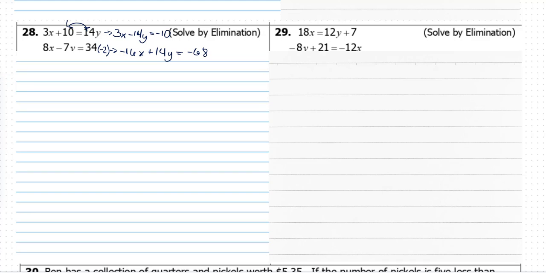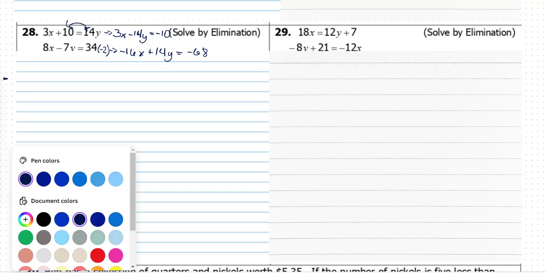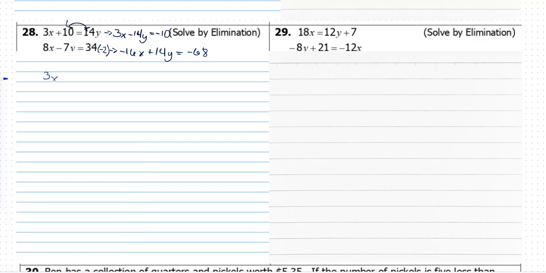So I want to use those two equations to solve. 3x minus 14y is equal to negative 10, and negative 16x plus 14y is equal to negative 68.